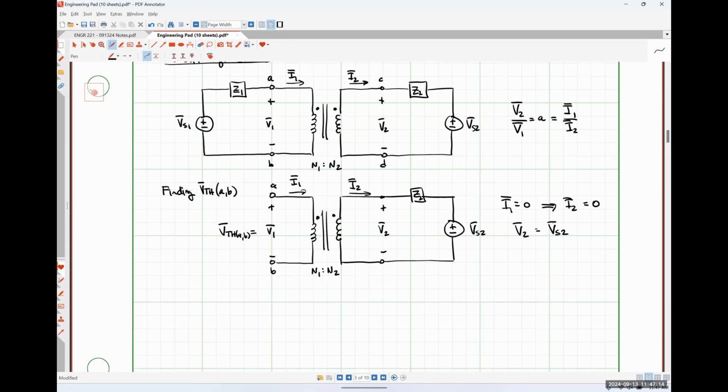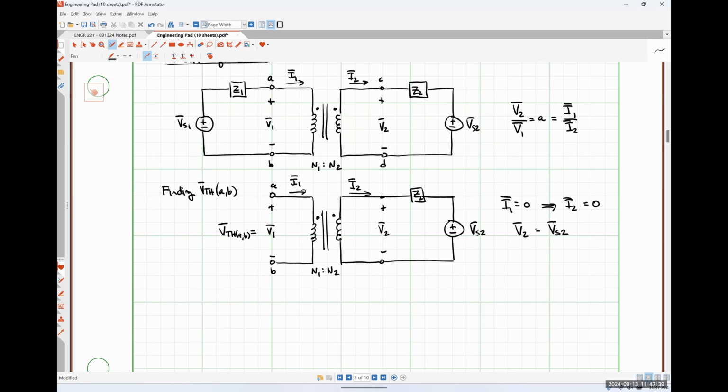Okay. So now we can use our turns ratio relationship for our voltages to figure out what V1 is, since V2 is a known quantity. Okay. So what should it be? So is it going to be times A or is it going to be divided by A? Okay.